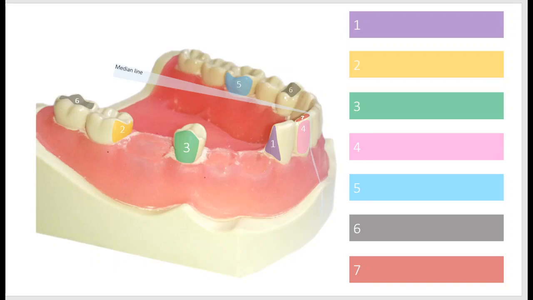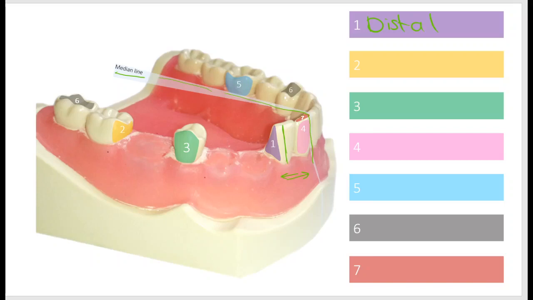Okay, so number 1, first of all, we have to see that this is the midline, right? The midline separates the teeth into two halves. Each tooth technically has two parts: one towards the midline, that is the mesial, and one away from the midline, that's the distal. So number 1 is distal.